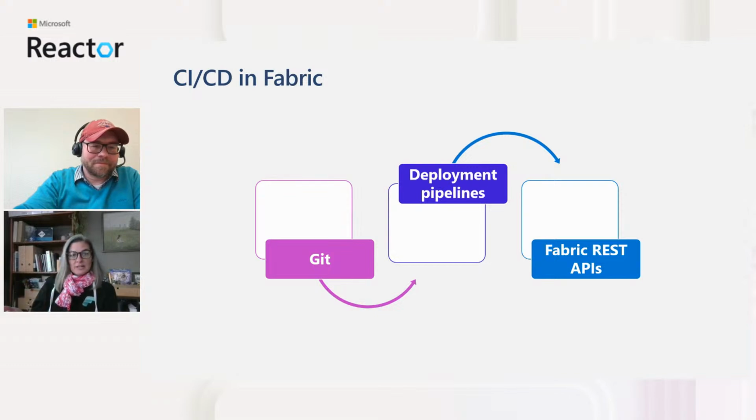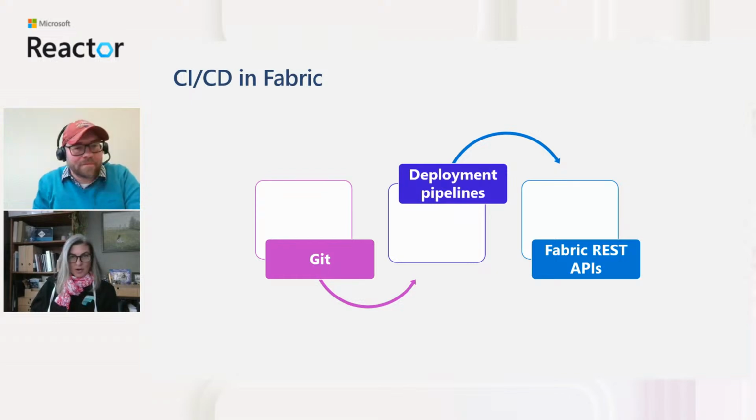Okay, so these are the three areas we're going to be talking about today for CI/CD in Fabric. This is definitely going to be on the exam, so you'll definitely want to learn about it. We've got Git, we've got deployment pipelines, and we've got the Fabric REST APIs. We can use a combination of these, whatever works best for our use case.